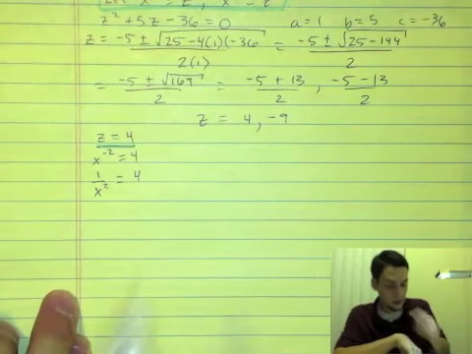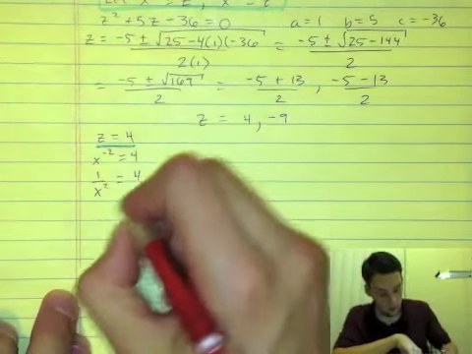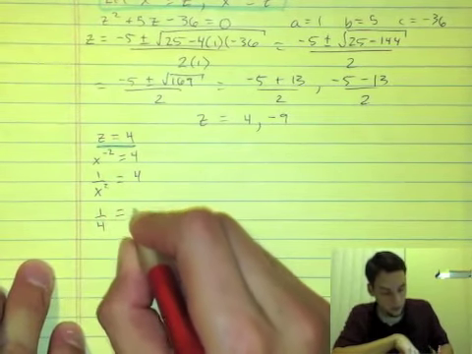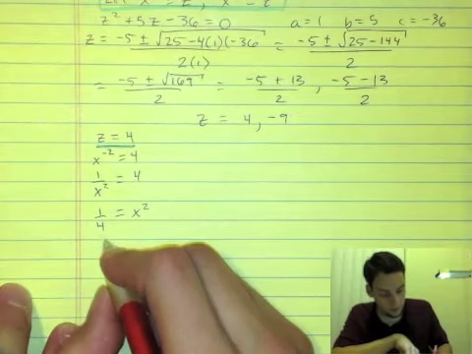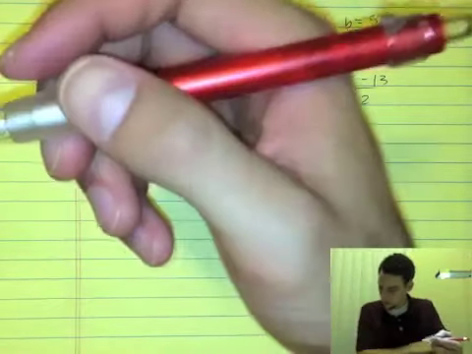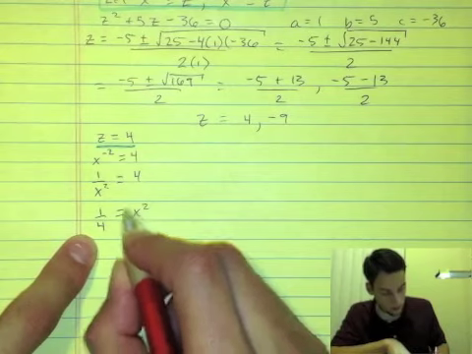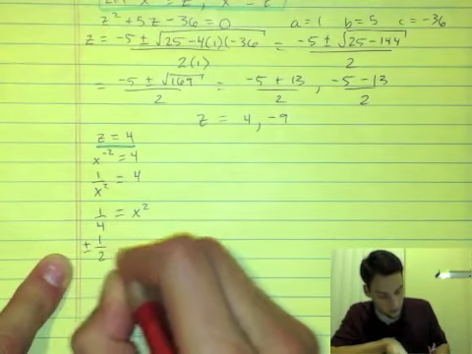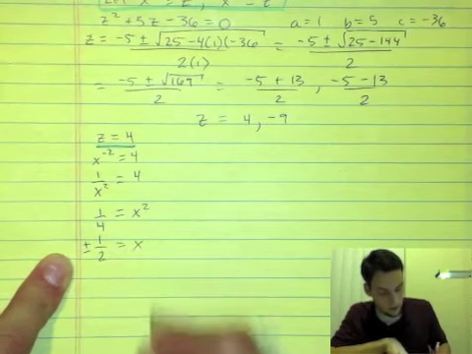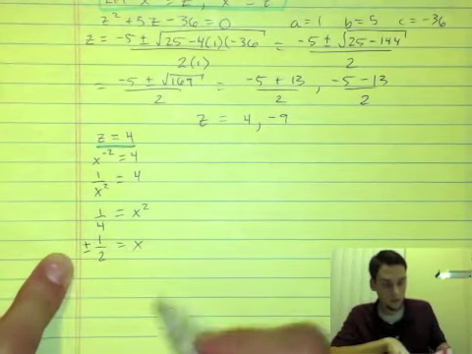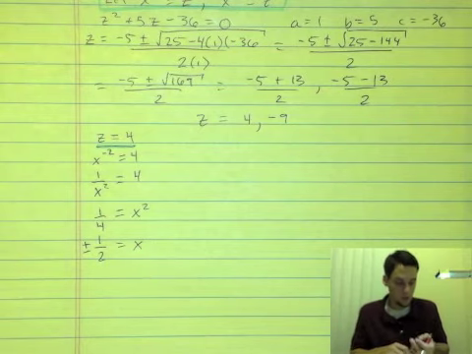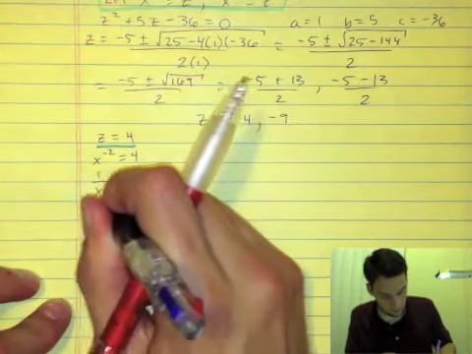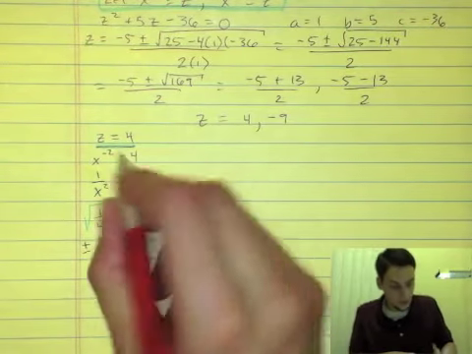Multiply both sides by x squared, and then divide by 4, and we'll get 1/4 equals x squared, which means we can square root both sides to get plus or minus 1/2 for x. Okay, so that's when z equals 4.